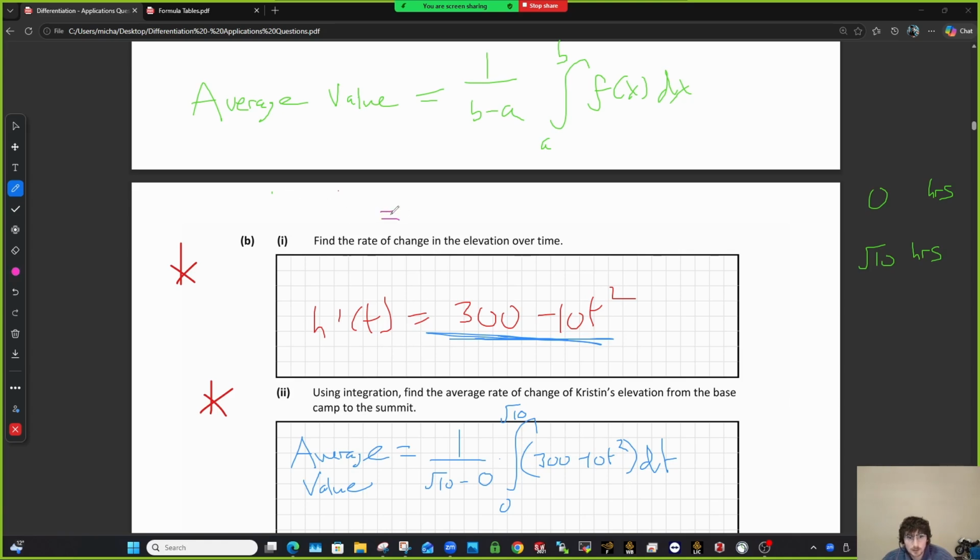So what that'll work out as is average value equals 1 over root 10. We'll change this to a straight line because we can do the integration. And when you do it here, it's basically 300t minus 10. Hope I took a derivative of that properly.